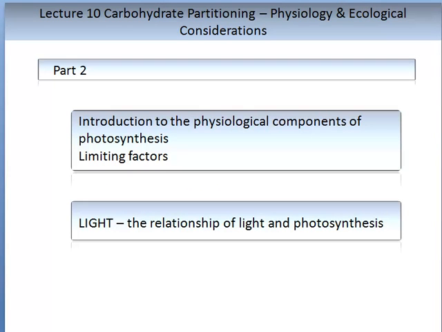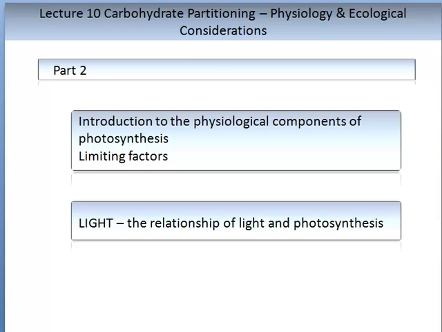In Lecture 10, Part 2, we'll be concentrating on the photosynthetic light reactions, the photosynthetic carbon reactions, and the consequence of the products of these reactions, carbohydrate partitioning, and how abiotic impacts can influence the physiology of these 3 important processes.